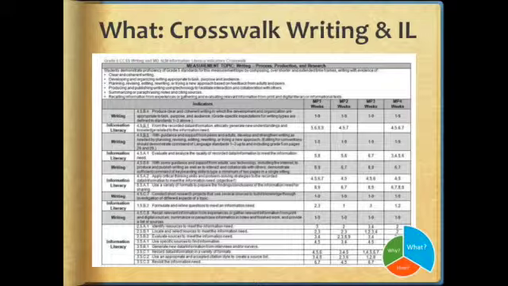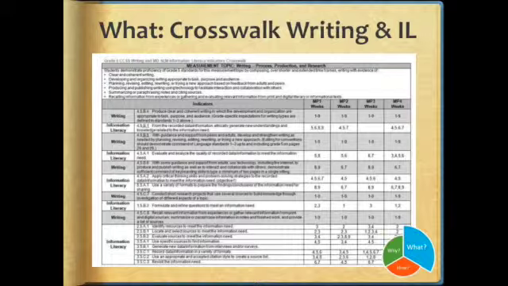If you will recall, one of the writing measurement topics is process, production, and research. When we were mapping out the curriculum, we decided that information literacy is a component of this measurement topic.